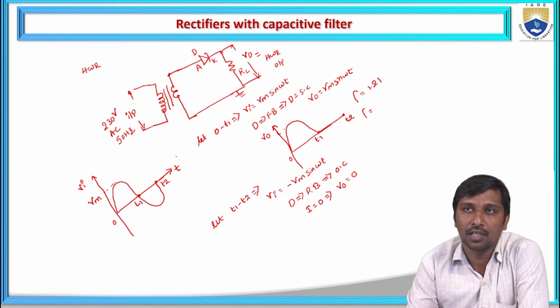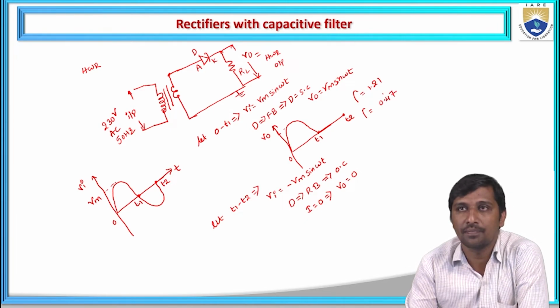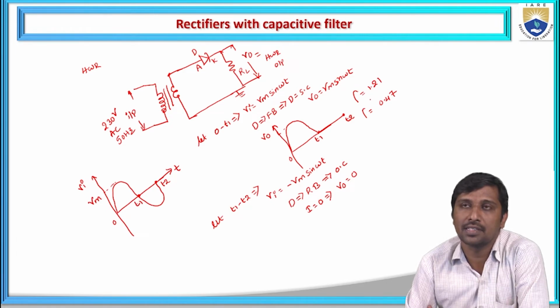Based on that, we identify the ripple factor of either the full-wave rectifier or the bridge rectifier as 0.47. This ripple factor indicates how much AC ripple or AC component occurs on a pulsating DC signal.